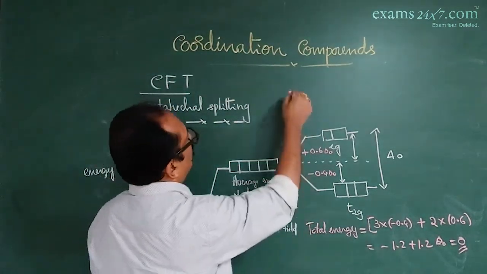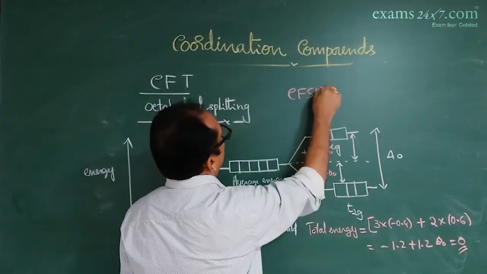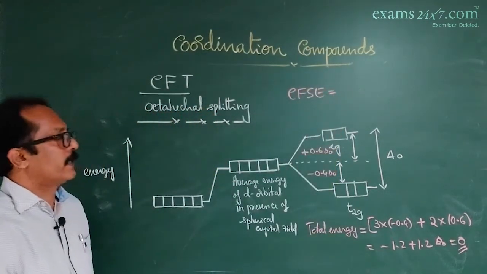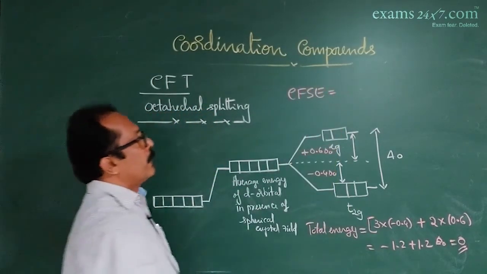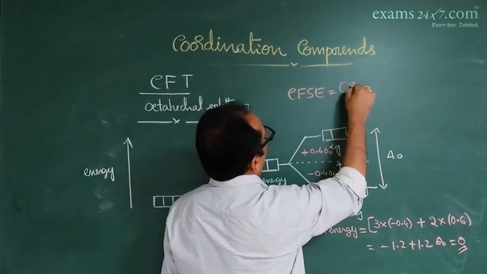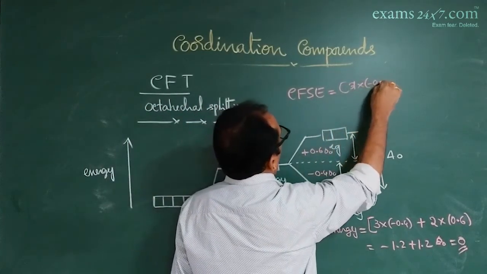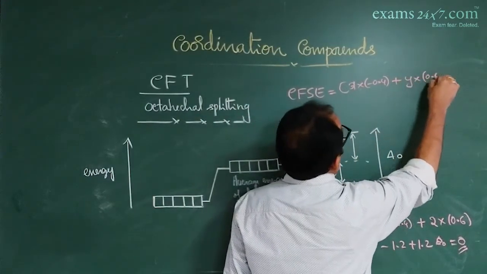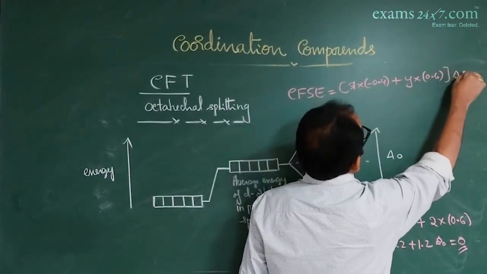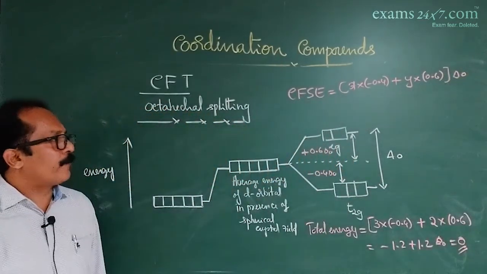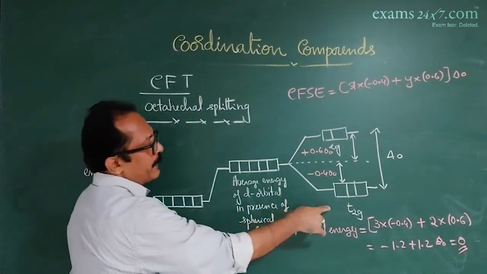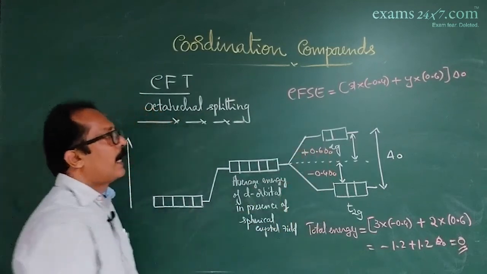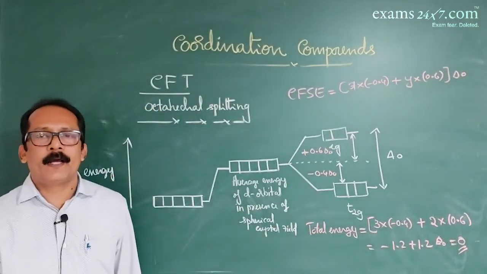Now, how to calculate crystal field stabilization energy? Crystal field stabilization energy is equal to x into minus 0.4 plus y into 0.6 delta O. X and y refer to the electrons present in the T2G level and the EG level.